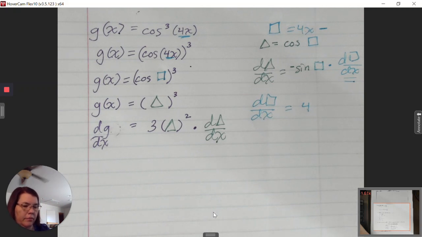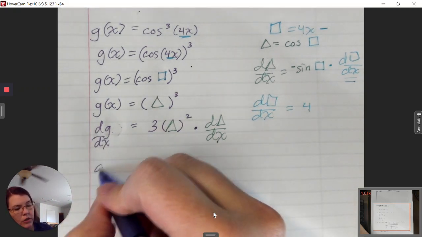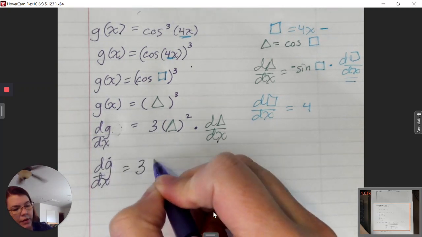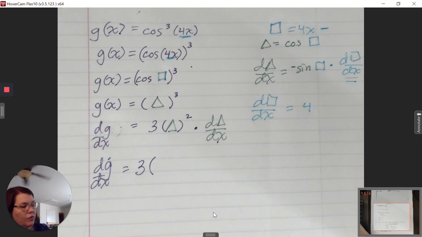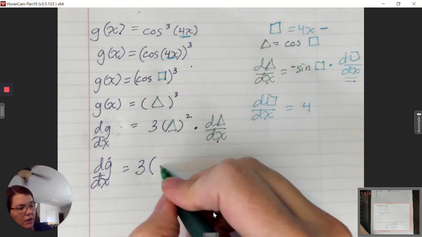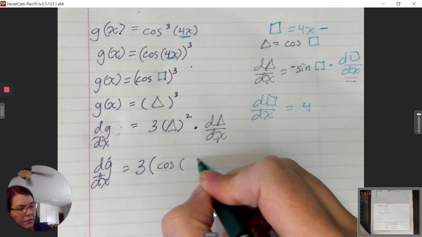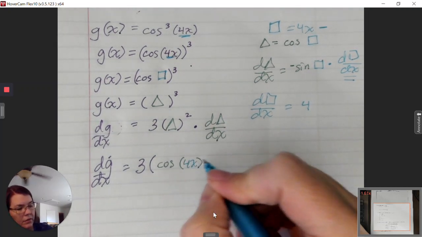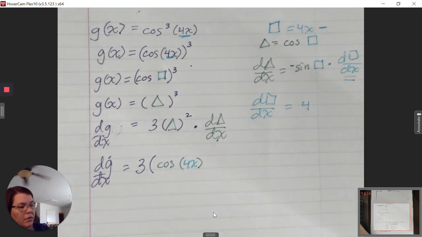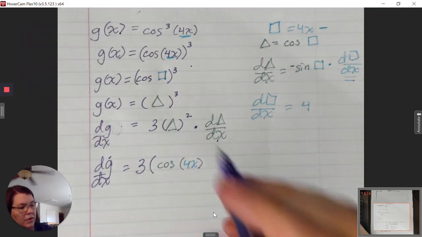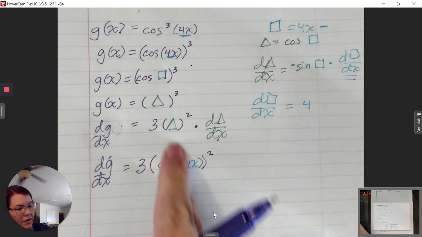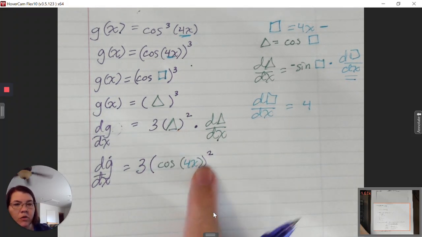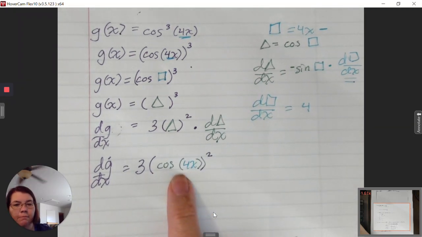So here we go. dg dx is equal to 3 parentheses triangle, which is cosine of square, which is 4x, to the second power. So all I've done is replace this. Okay, so triangle is cosine of square, so I've plugged everything back in.